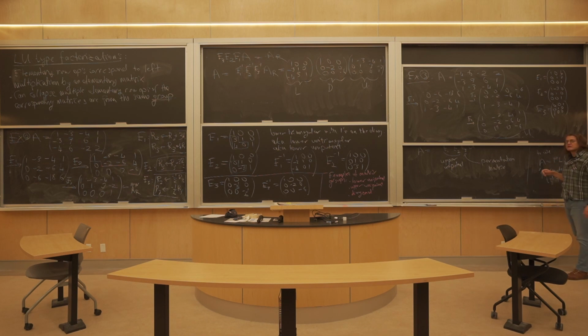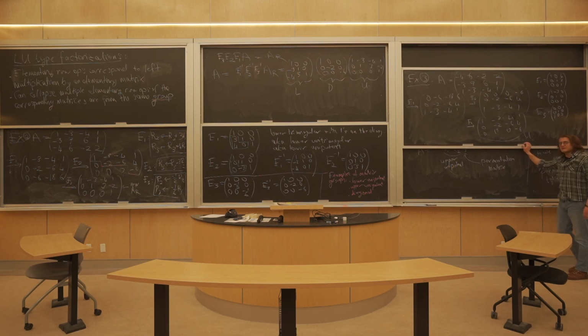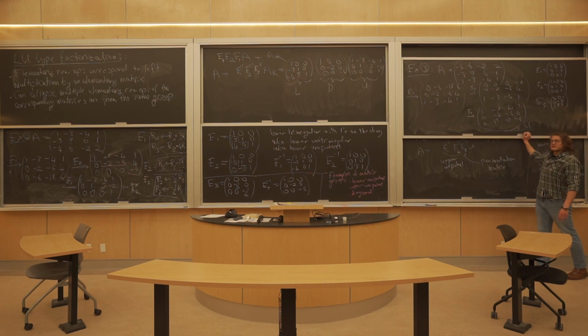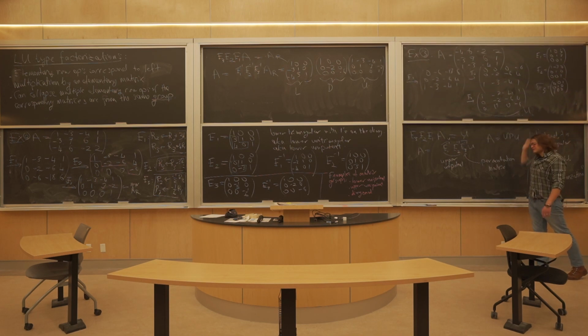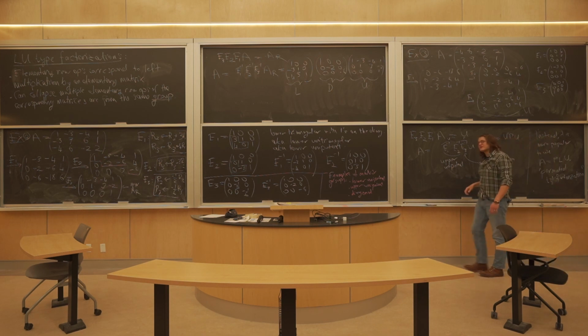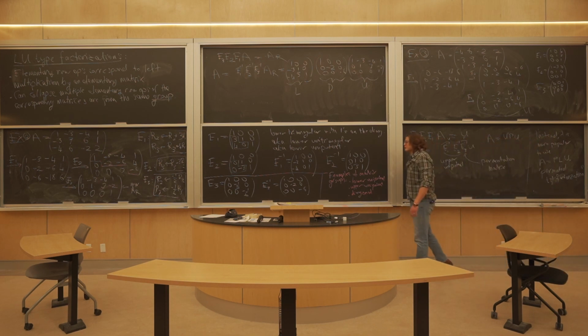In general, is permuting an upper triangular to a lower triangular the same as this? Yes. From upper to lower, it's the same. It is slightly more complicated than that. There are situations where you can permute a lower and it's going to give you a lower.